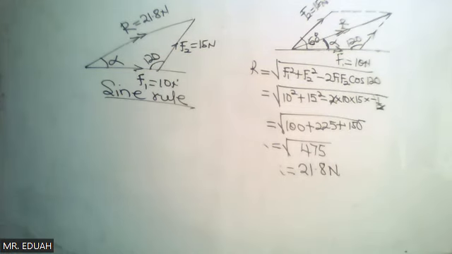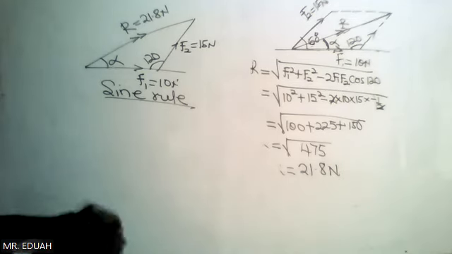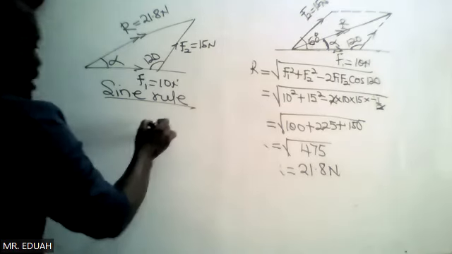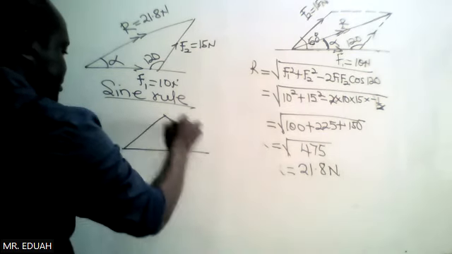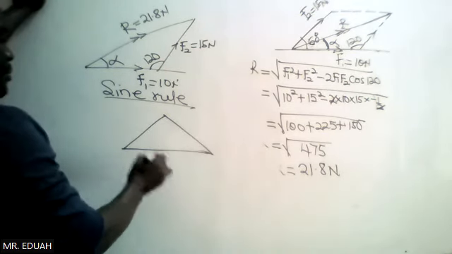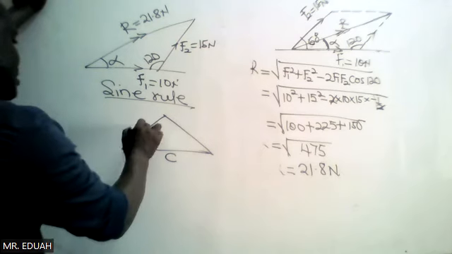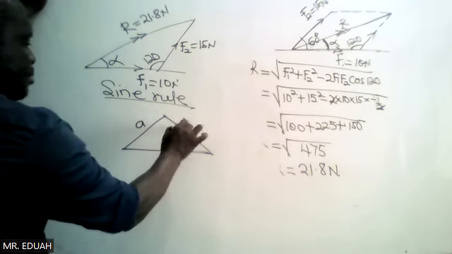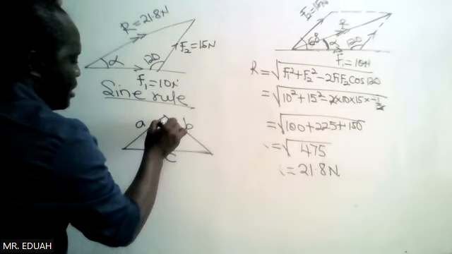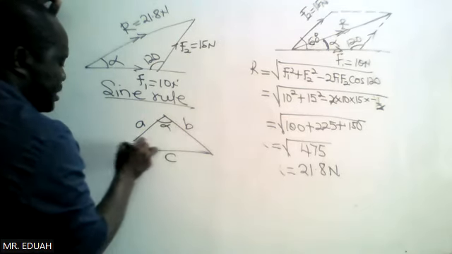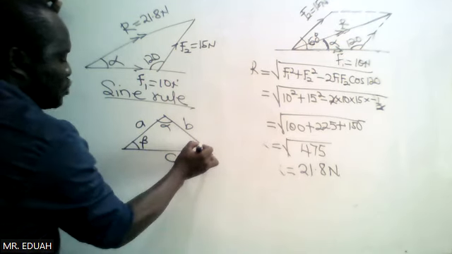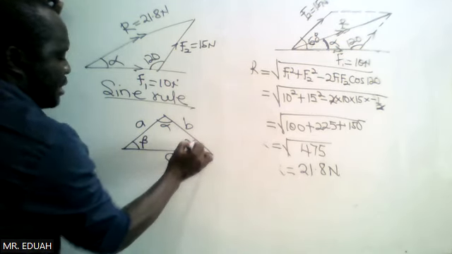Are we there? Yes, please. All right. How does the sine rule work? If I have a triangle with sides A, B, C, the angle opposite to A is alpha, opposite to B is beta, opposite to C is gamma.